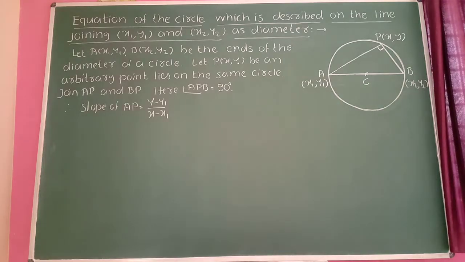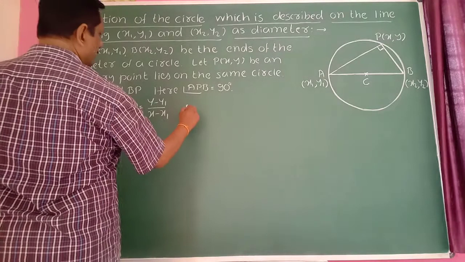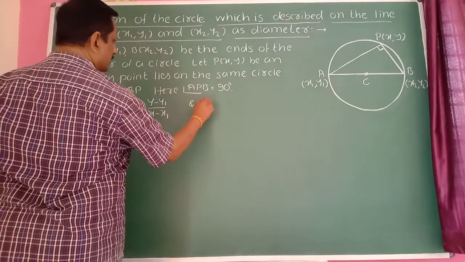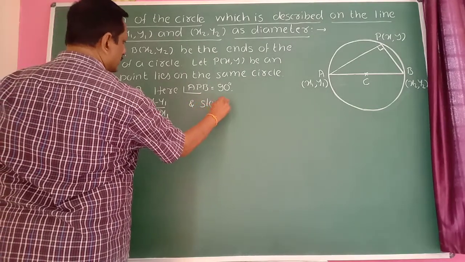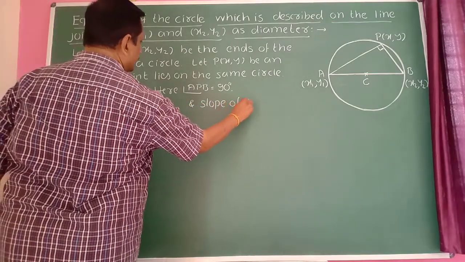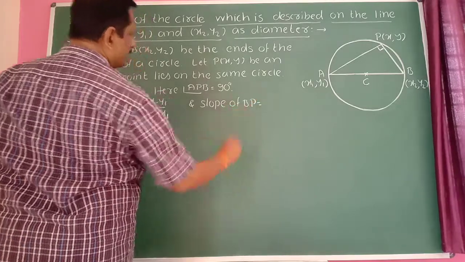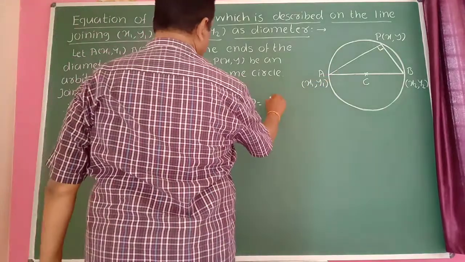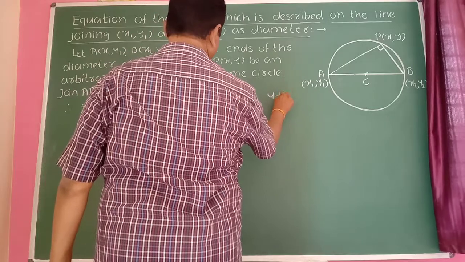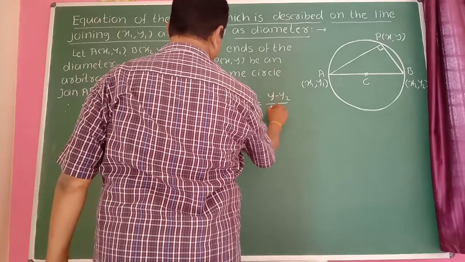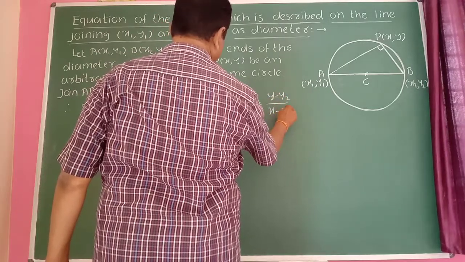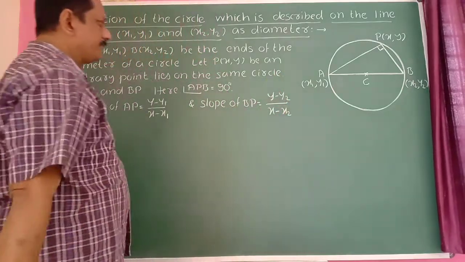Similarly, slope of BP is equal to (y minus y2) divided by (x minus x2).